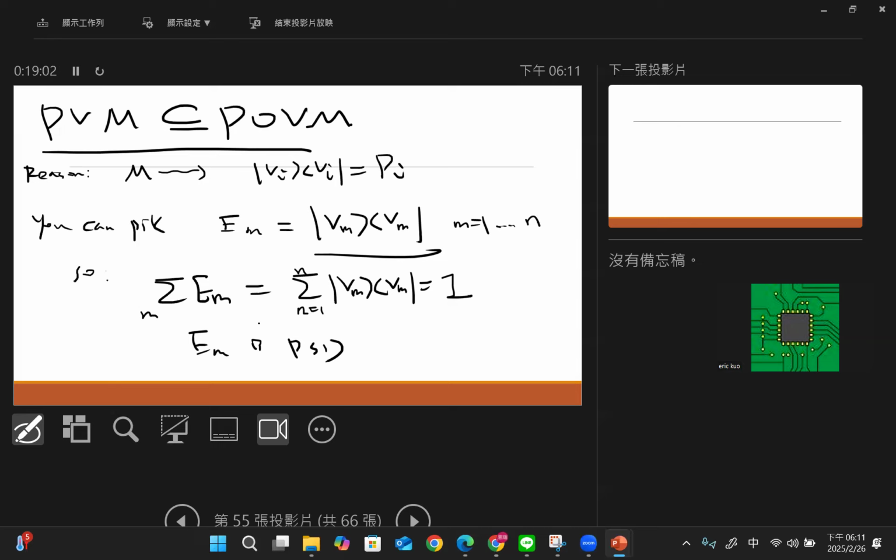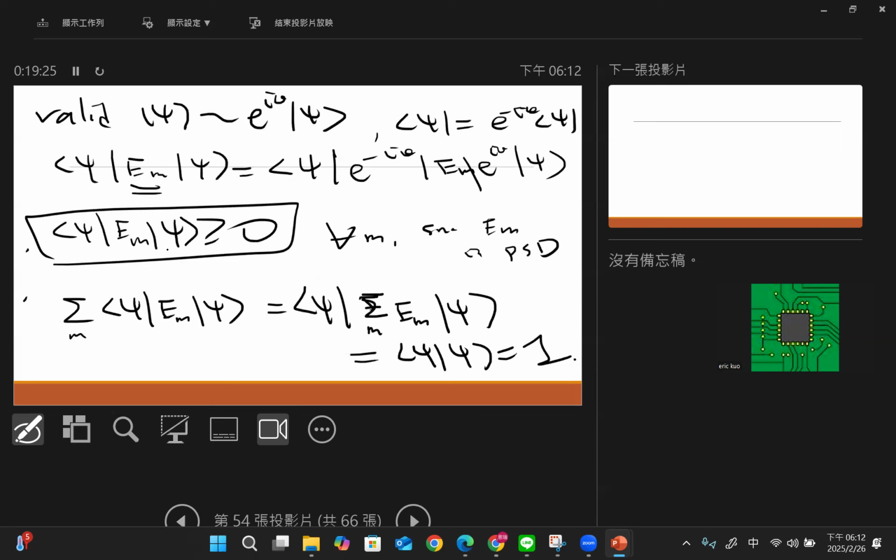Now you have 1 to N of them, they sum to 1, and they are also PSD because they are projectors: P squared equals P, so their eigenvalues are either 0 or 1.